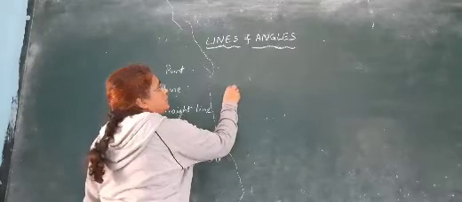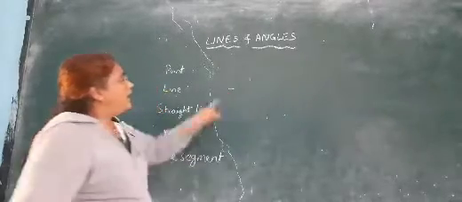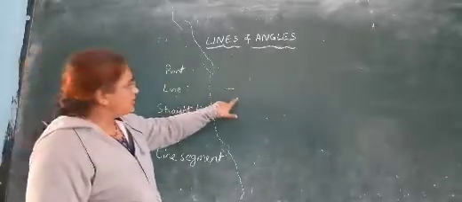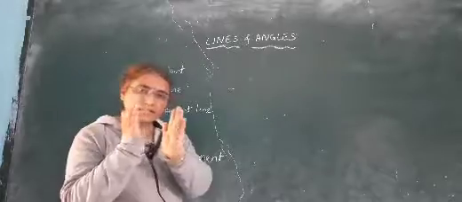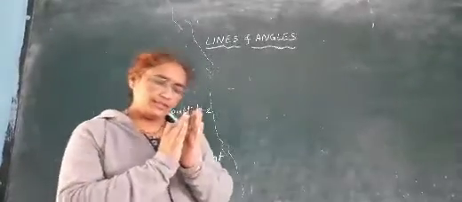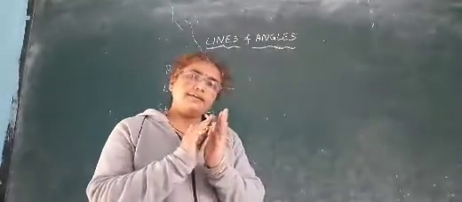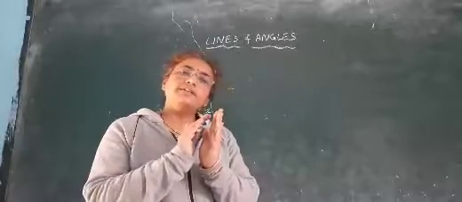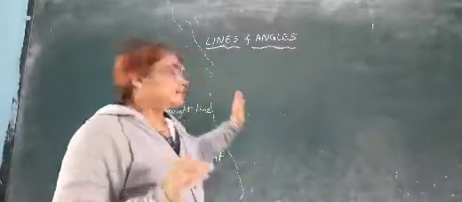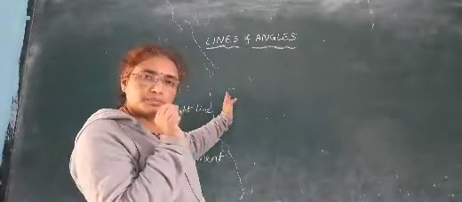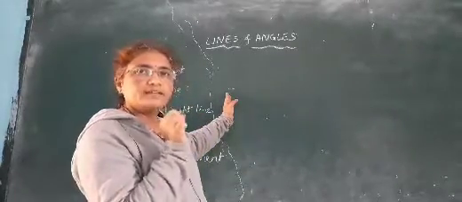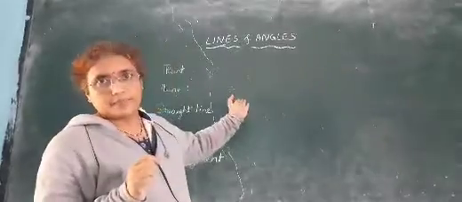See what I am doing, I am putting the dots one beside the other, one beside the other. When we put the points one beside the other very nearly, it will become a line.